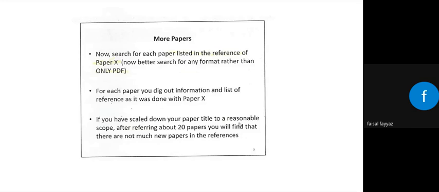More papers, if you see, search for each paper listed in the references of paper X. Now better search for any format rather than only PDF. Paper X, Y, Z category means they have some value, something is new. Even if Scopus may be accepted or not accepted, in the regional journal or other venues they cover some parameters and they accept that something is new in this idea.